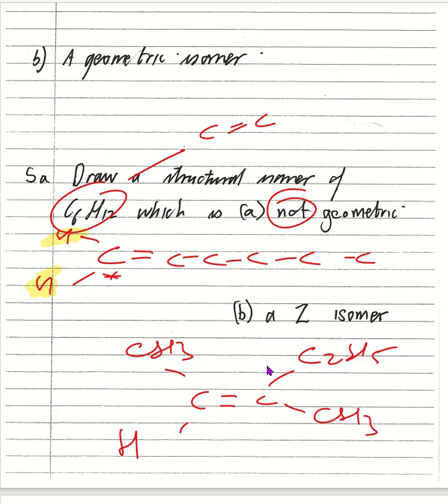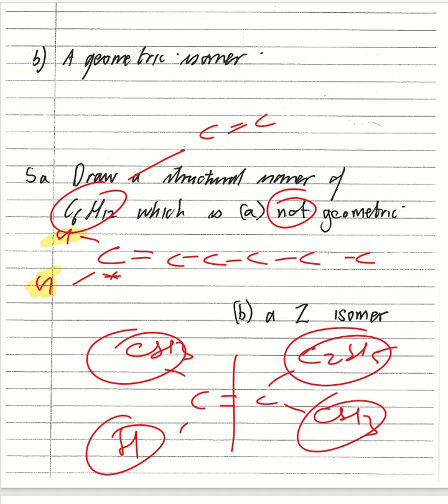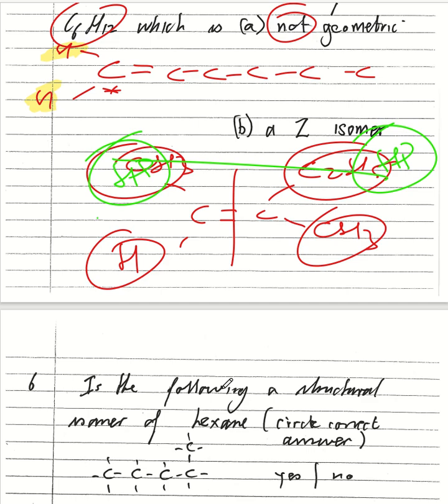Let me just check if that is C6H12. It is C6H12. It has a double bond, it has 2 different groups on the left, it has 2 different groups on the right. It has to be the Z isomer, so we need to double check that. This is the high priority group on the left, and this is the high priority group on the right, so that is indeed the Z isomer. There were other possible answers to that as well.